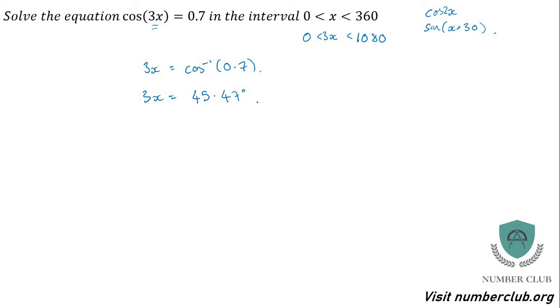So we're going to take 45.47, use CAST, and because cos is positive in this quadrant, cos will also be positive here, so we have 45.47, and so this will be 314.53.